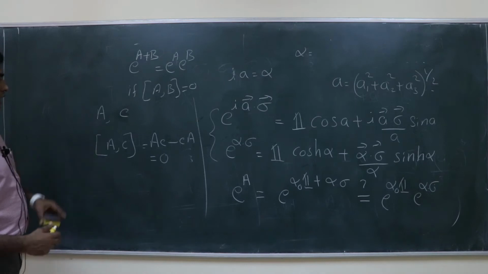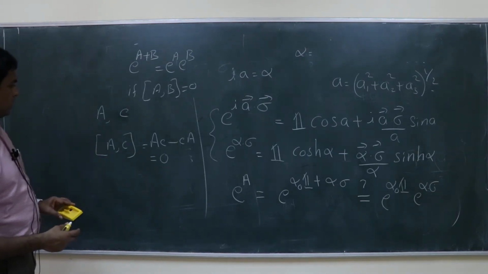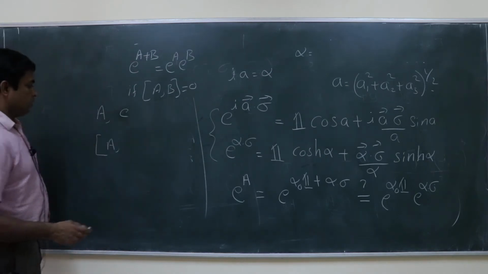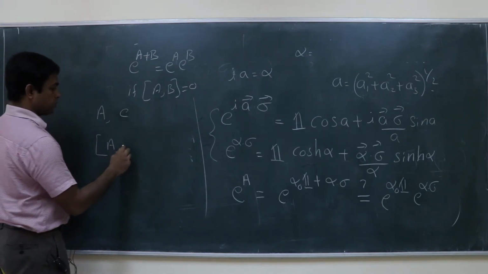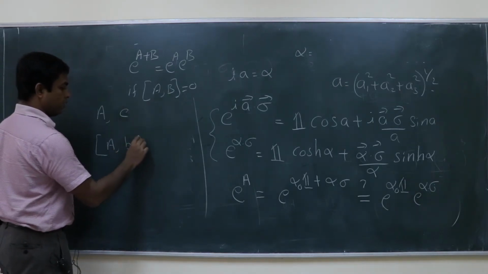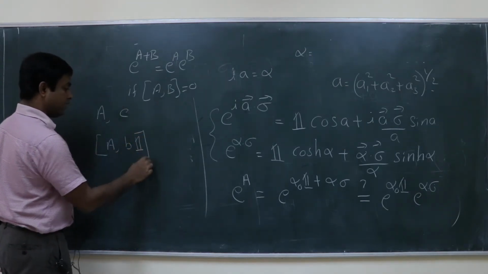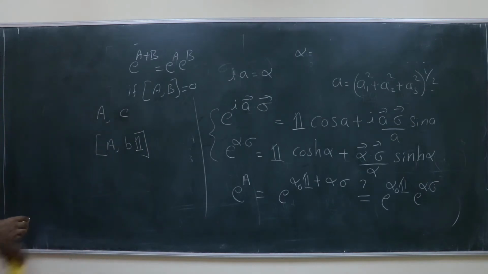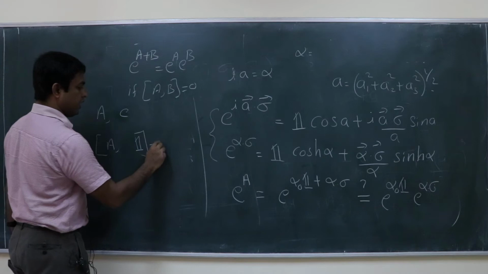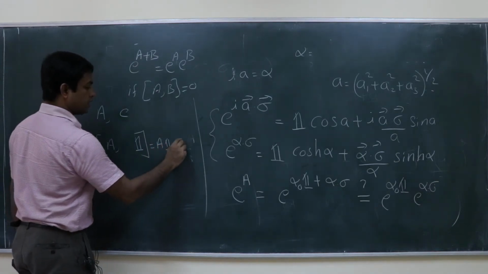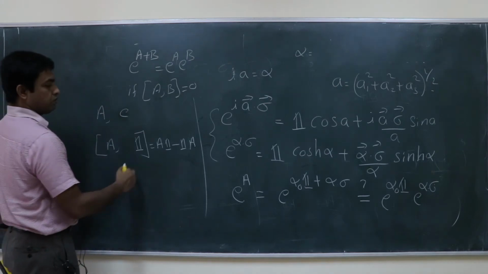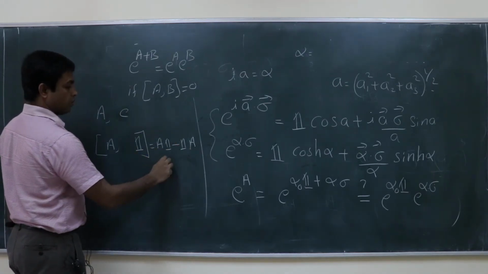That is one aspect, and another one is, as I already mentioned, suppose I have the identity matrix. A commutes with the identity matrix because this is A times I minus I times A. Okay, so this is 0.